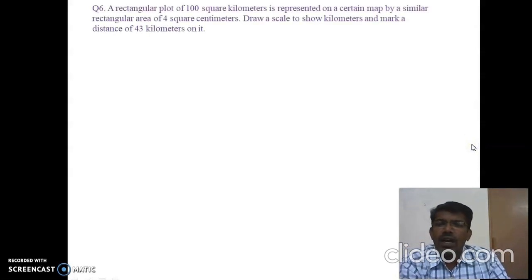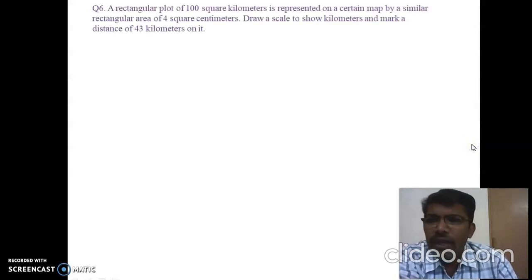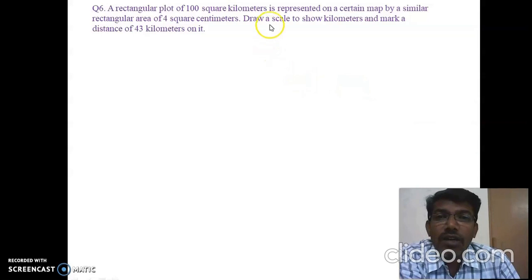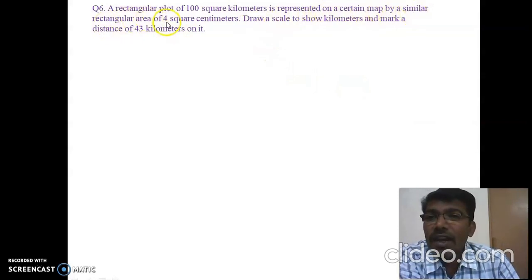So next let us go for another problem. That is a rectangular plot of 100 square kilometers. This is in terms of area. 100 square kilometers is represented in a certain map by a similar rectangular area of 4 square centimeters.